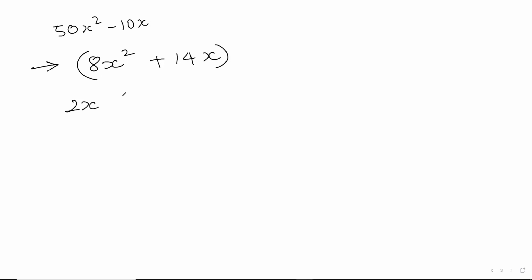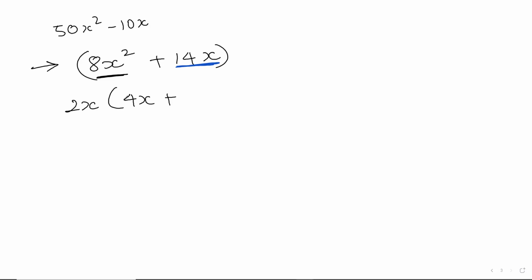Hamna, are you understanding this? Yes, ma'am. Okay, so here we can take 2x as common. In the first term we are left with 4x. And what are we left with in the second term, Hamna? 14x, yeah.